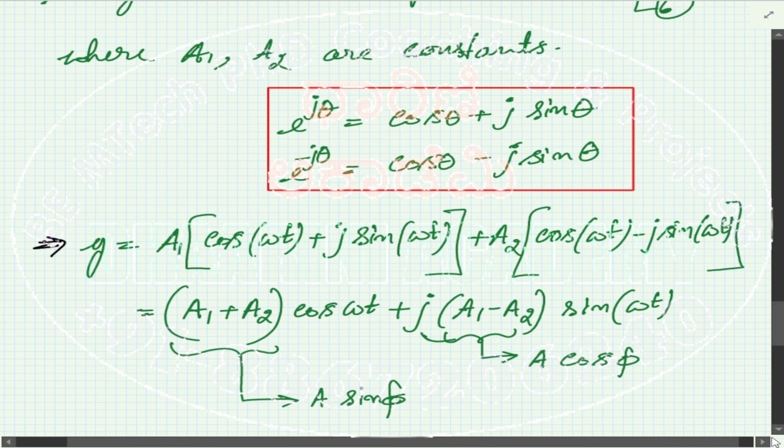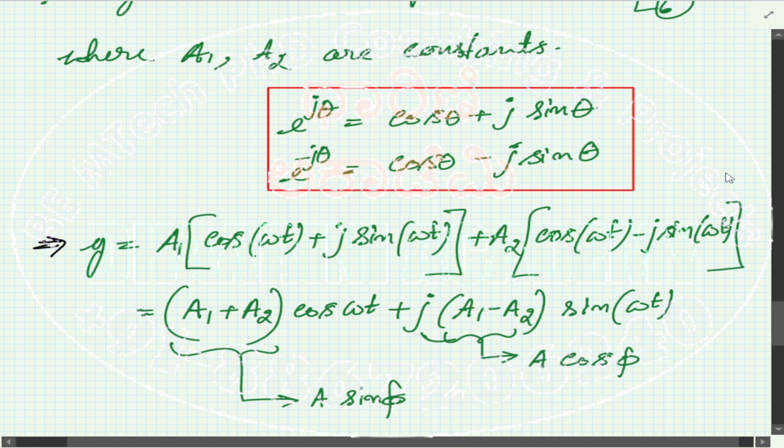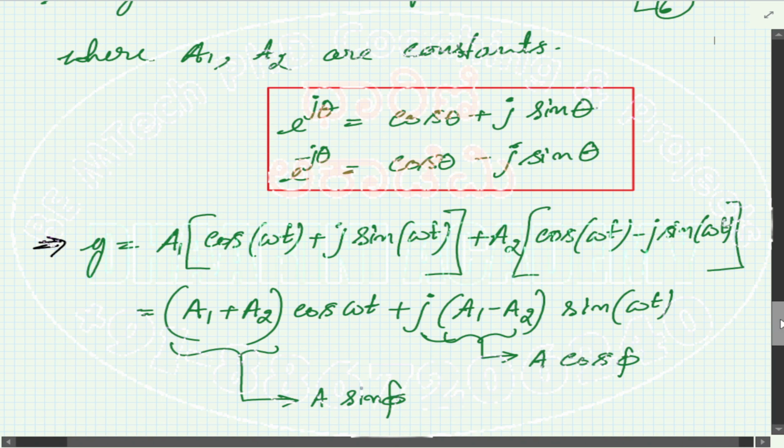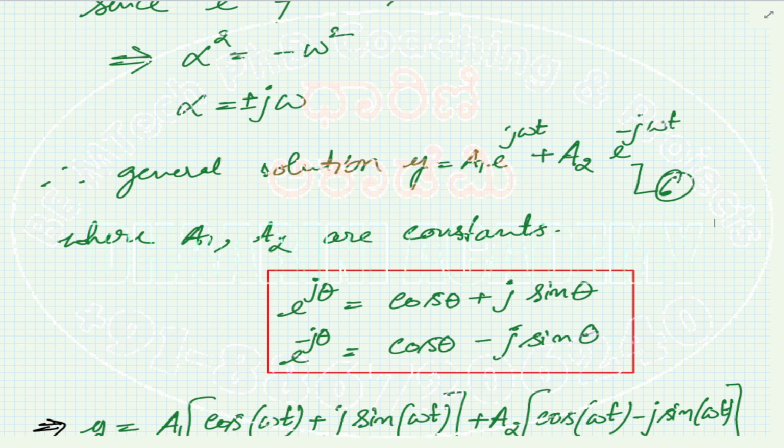Always remember one thing: whenever there is a chance of writing the function in this fashion, we will be able to write alpha is equal to plus or minus j into omega. So in this case, there is no real part. The real part is 0, and it is just j times omega.